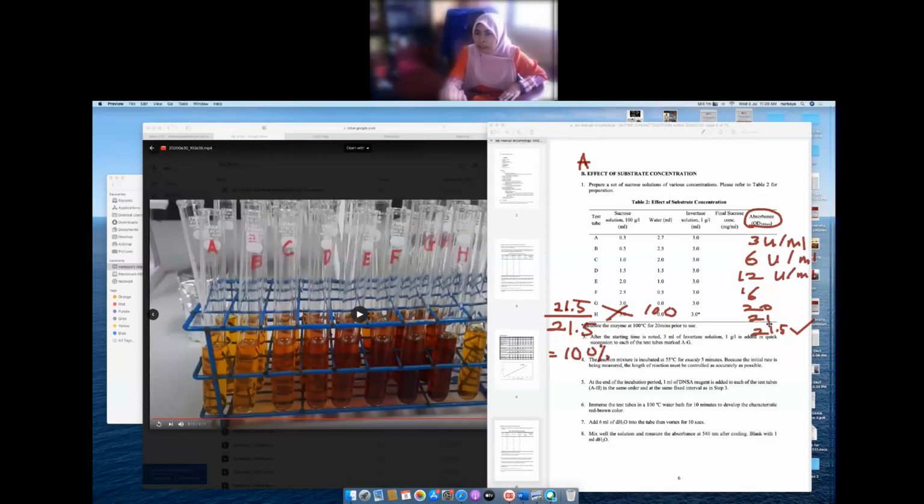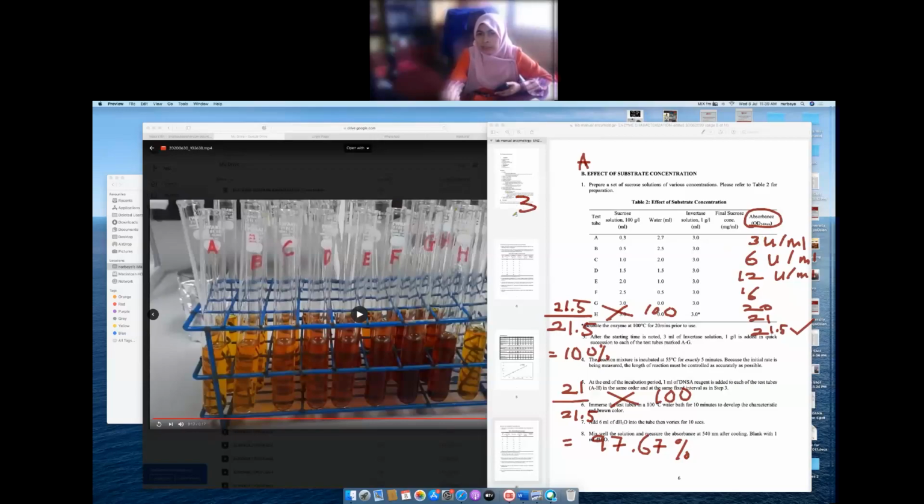For the second one, 21 divided by 21.5 multiplied by 100 gives the relative activity, 97.67%. What is the relative activity for the 3 unit?